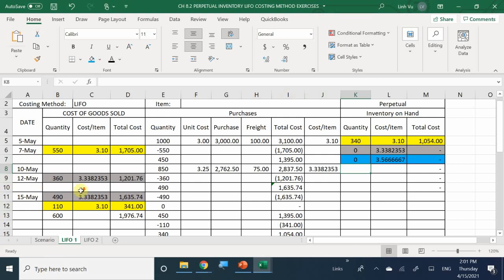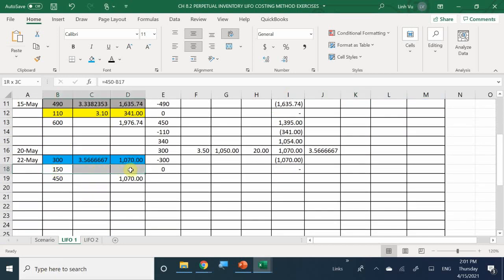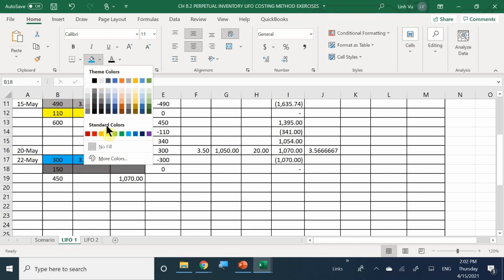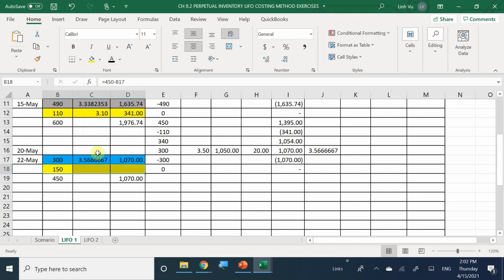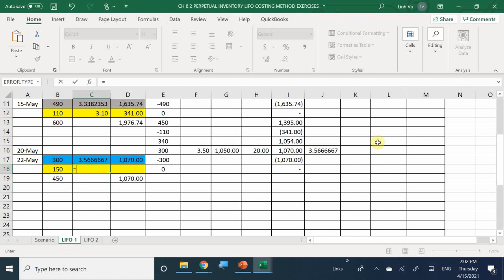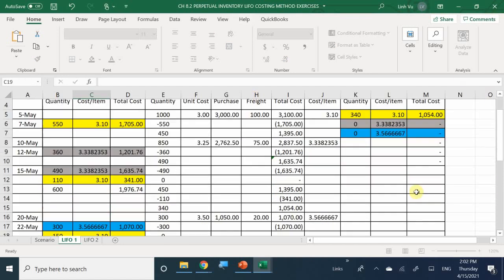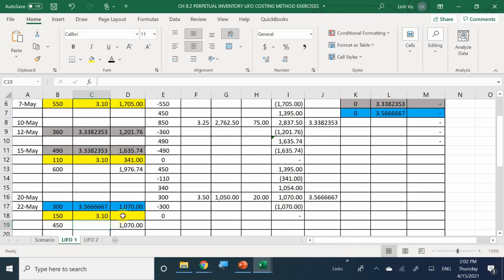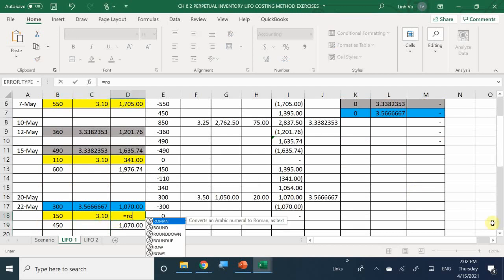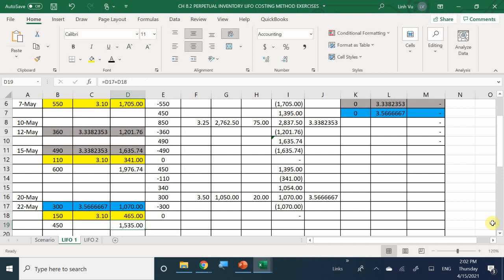How much is it going to cost me per item for my yellow batch? 3.10. Yes, it's going to cost me $3.10. Okay. So once again, equals ROUND, my 150 times my 3.10, comma 2, to get me 465.